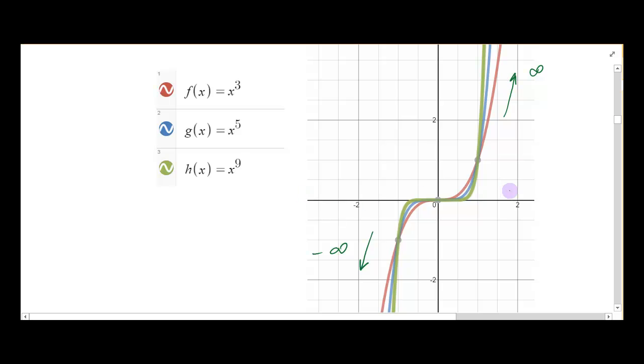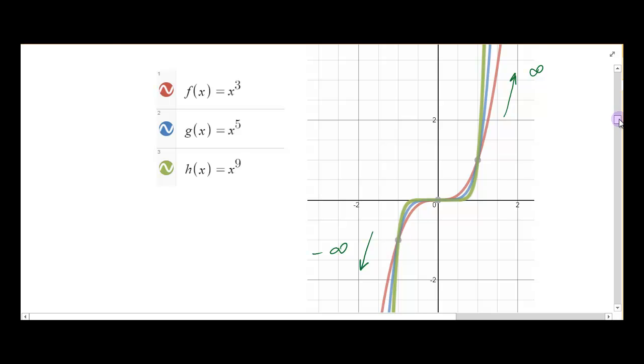Now the domain and the range would be the same no matter what we were talking about for my odd powered functions, and the domain would be all real numbers. And then we might want to say that it would be symmetric with the origin. So in other words, if I were to rotate this point right here that I'm hovering on down over here, it would rotate to the point down here in the third quadrant, and we say that that is symmetric with the origin.